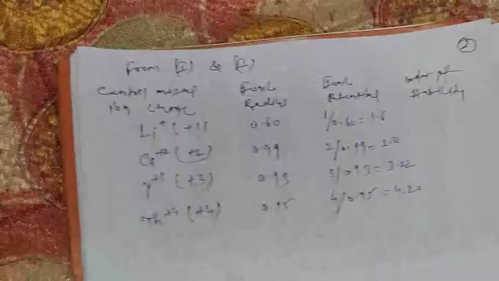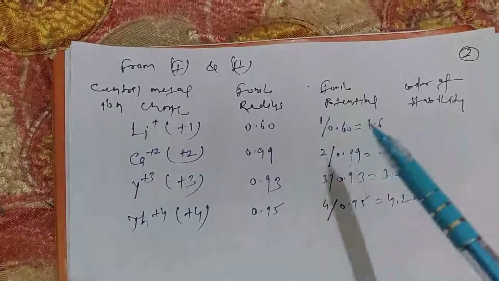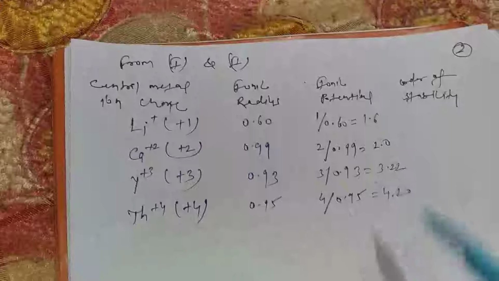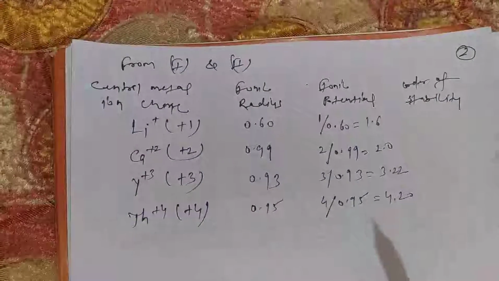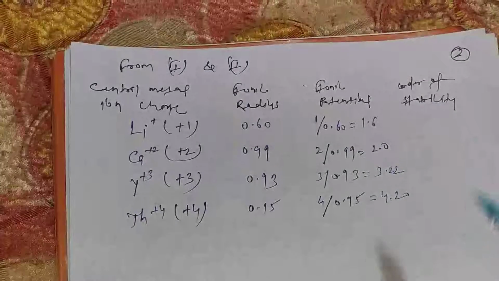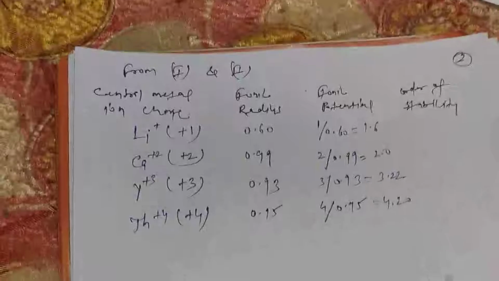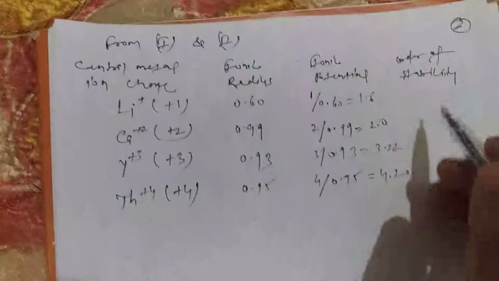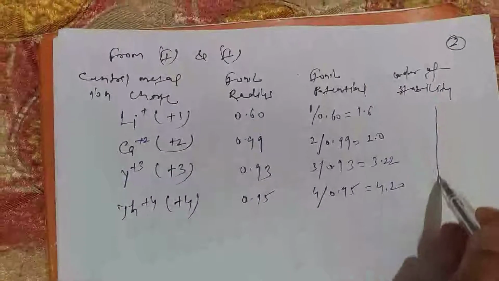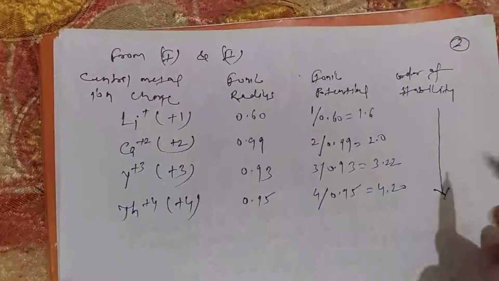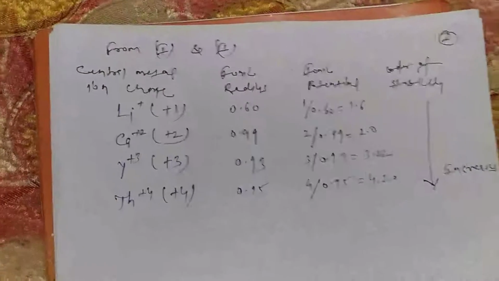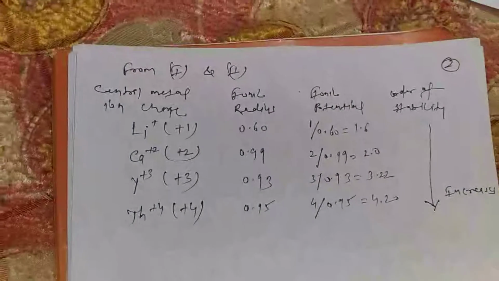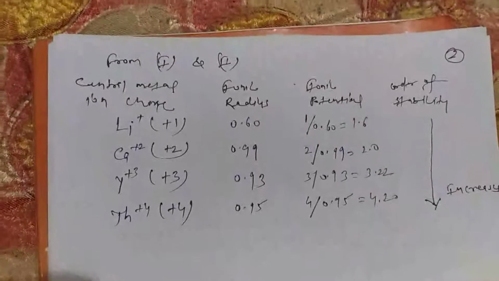As you can see, as the ionic potential increases, that means the charge and size ratio increases, the order of stability also increases. Got it? So this is the ionic potential concept.